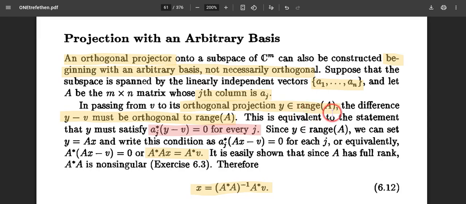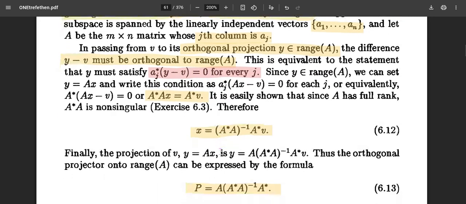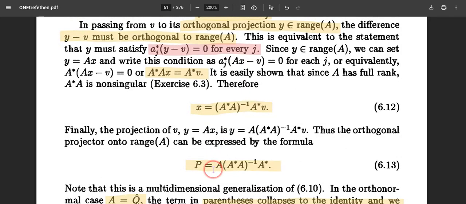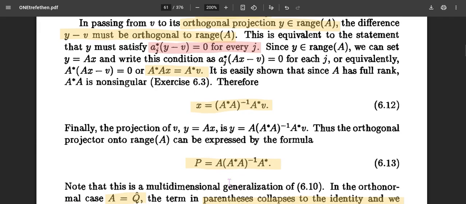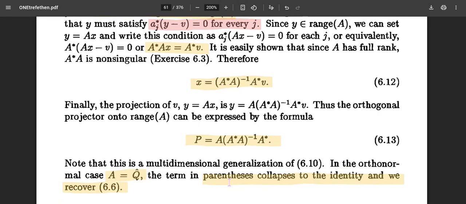Then y is in the range of A, and y minus v should be orthogonal to the range of A. Assuming this property, using certain linear algebra concepts, we finally end up with the projector given by equation 6.13. To be noted, if Q is orthonormal, then Q transpose Q is equal to the identity matrix, and it ends up as Q Q transpose.